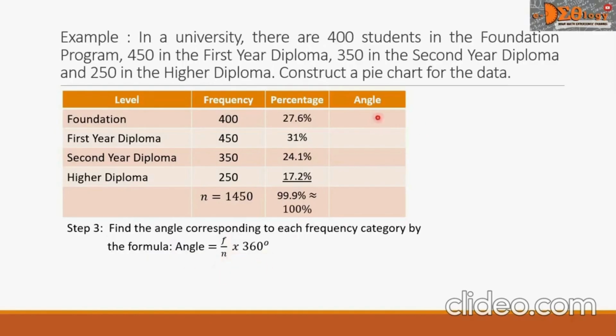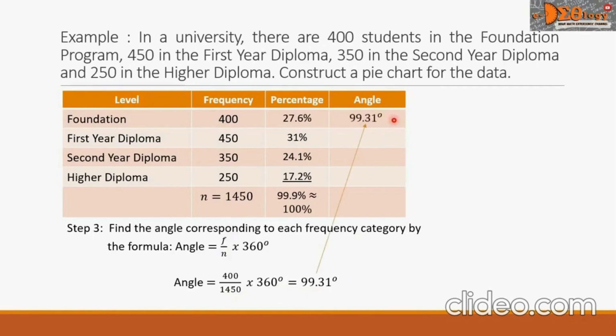Let's begin with the first blank here. Again, I'm going to use the frequency value and then divide by the N, 1450, times 360 degrees. This is equal to 99.31 degrees. This value we will copy on this blank.